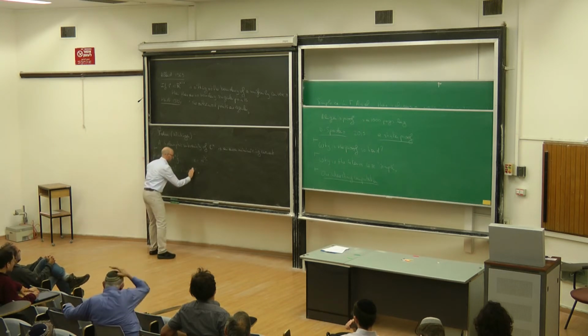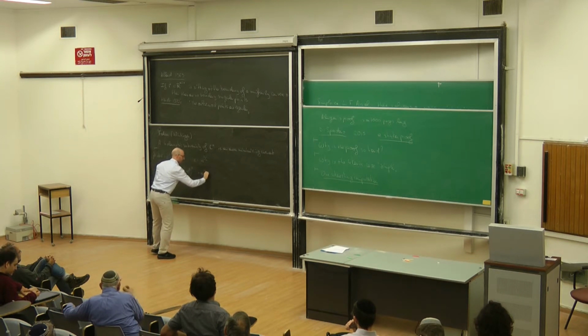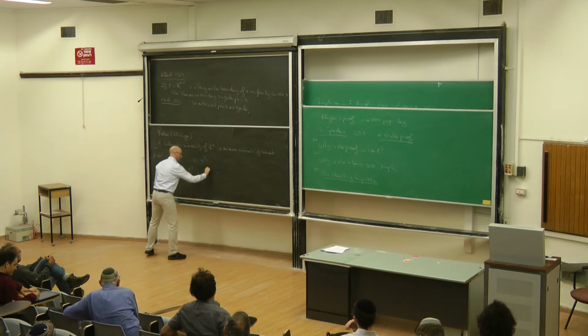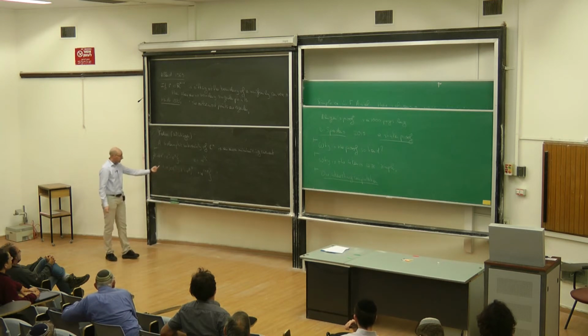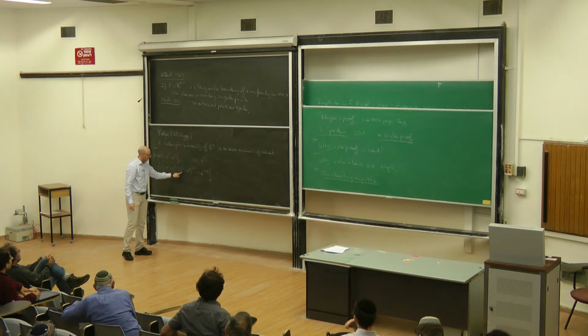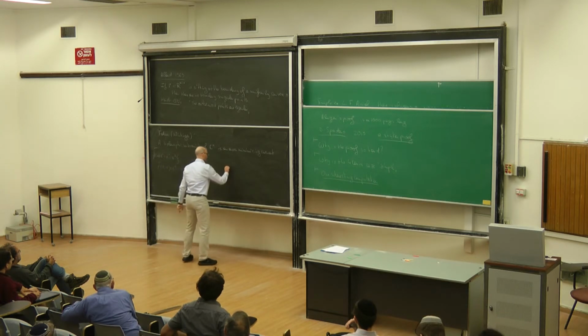So this is also an area minimizer, and if you attempt a Taylor expansion around the singularity, you will see something like this.